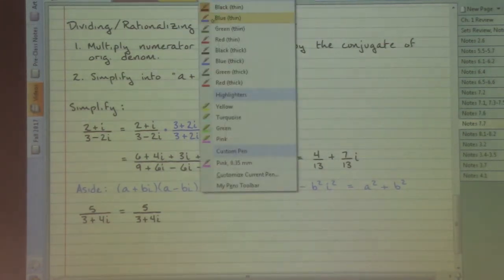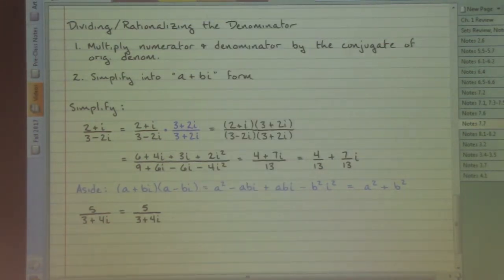So we want to multiply on the bottom by, take the first term, take the second term, change the sign in between them, 3 minus 4i. If we do that on the bottom, we must do the same thing up on the top.